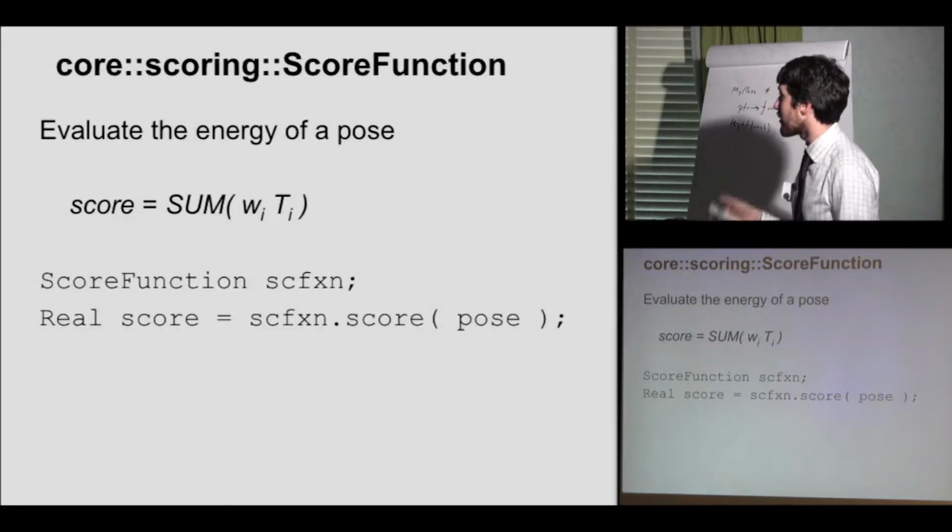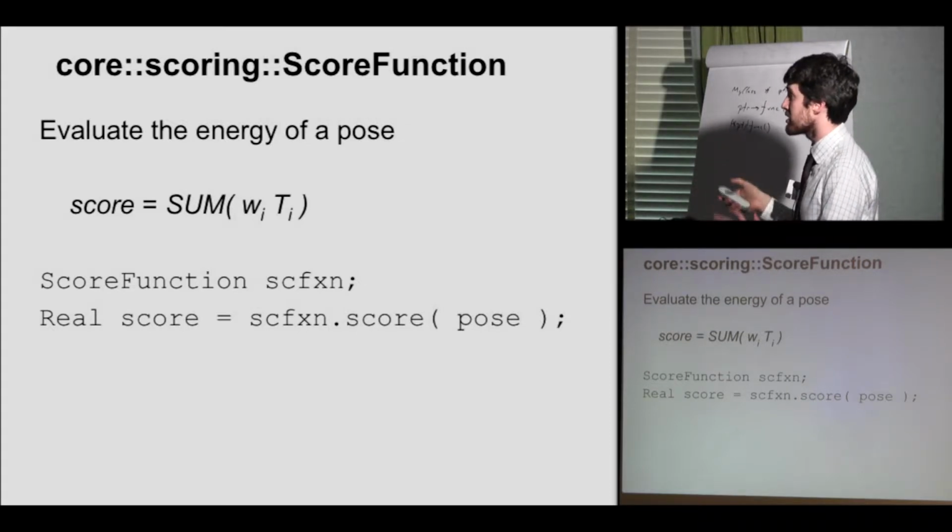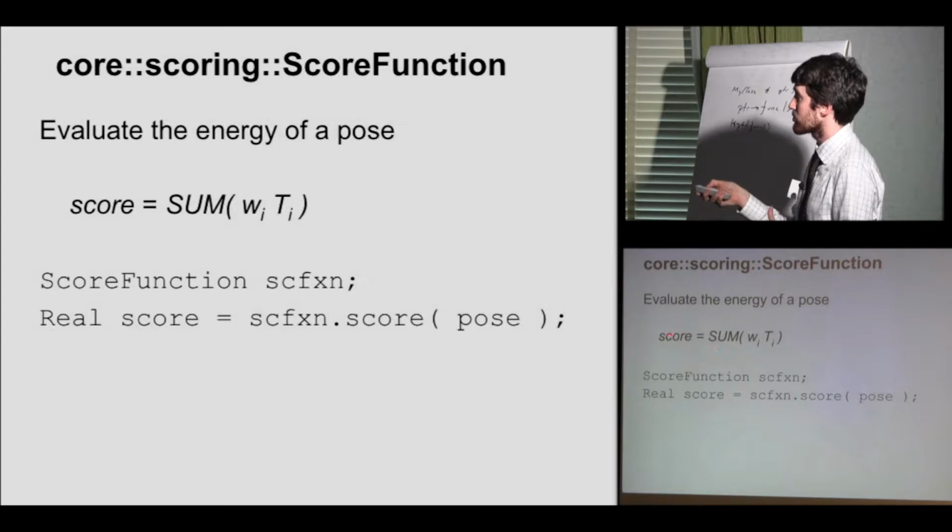Okay, so for the purposes of this tutorial, a score function conceptually is a sum of weighted score terms. This is the mathematical representation where each term has a weight, and this is the term i. You have a particular conformation, and the term can go through and score the whole structure, and then it's multiplied by the weight and summed up. So that's what the total score is.